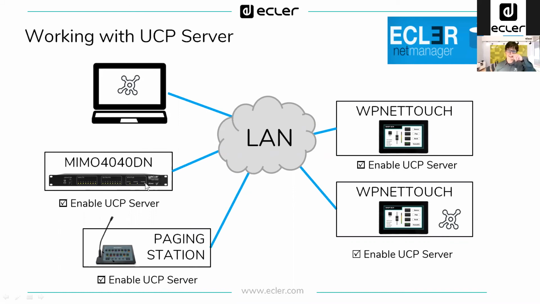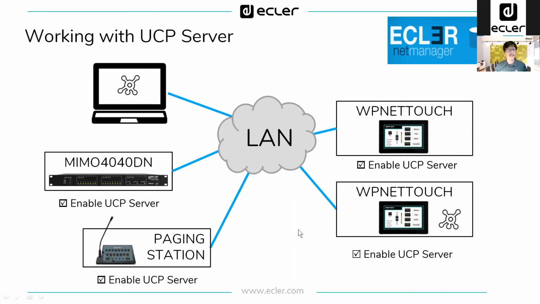Okay, so in a system, in a project, we should only have one UCP server. And by factory defaults, each and every device that can be a UCP server comes with a UCP server enabled.